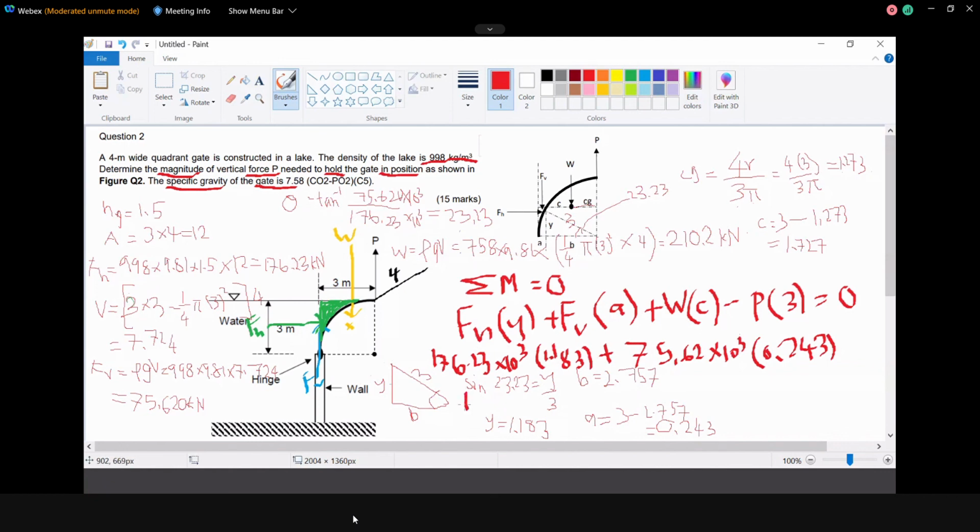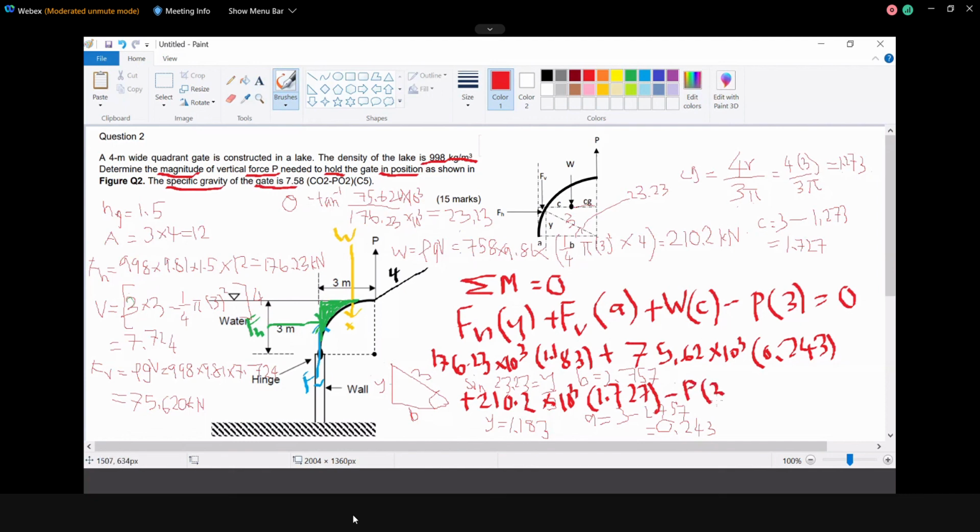Okay, and then tambah weight. Weight tadi, mana weight? 210.2 darab 10 kuasa 3 tukar kepada Newton darab dengan C. C ialah 1.727. Okay, P unknown. Kita nak cari P. Tolak P darab 3.